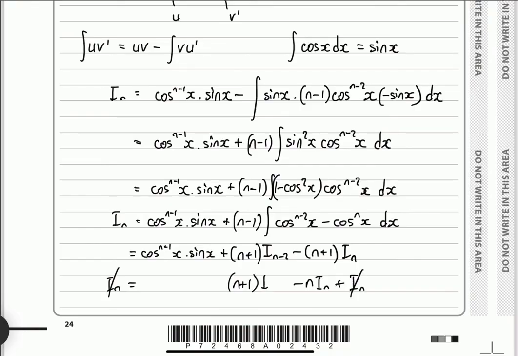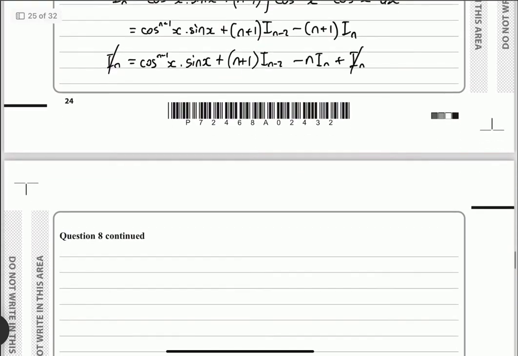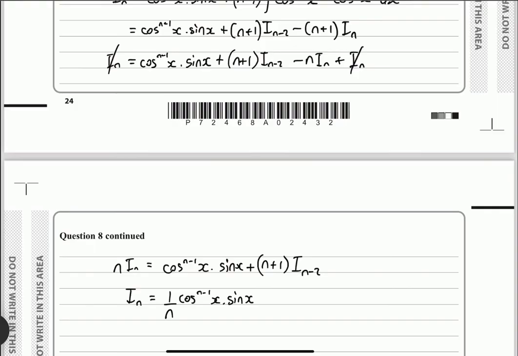I'll leave that in brackets because I think we need that like that in the final expression. We bring the n I_n onto the left. Plus n plus 1 I_(n-2), and then divide everything by n. Missing an x, plus n plus 1 over n I_(n-2).